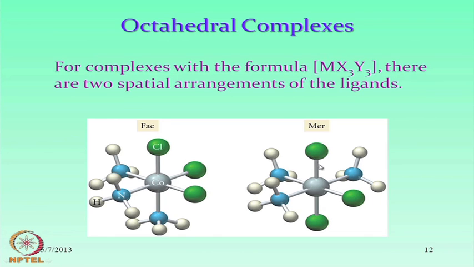So, these two isomeric forms are very important, which we are talking about, the corresponding facial binding, and if 3 of these chloride groups or 3 of these ammonia groups are occupying two diagonally opposite faces of the molecule, we will consider this particular face as capped by the chloride ligands and this particular face as capped by the ammonia molecules.